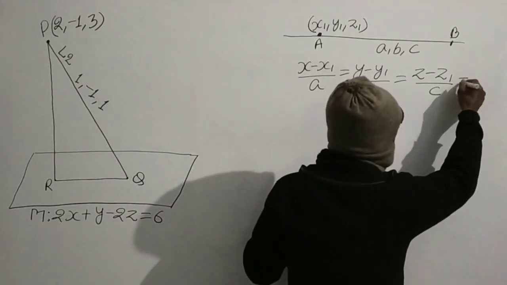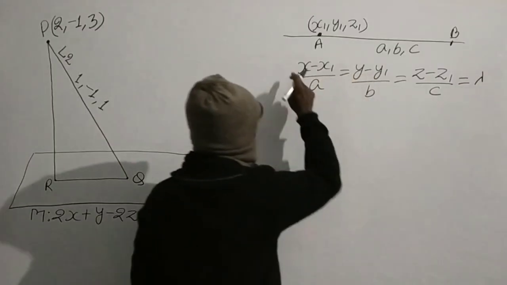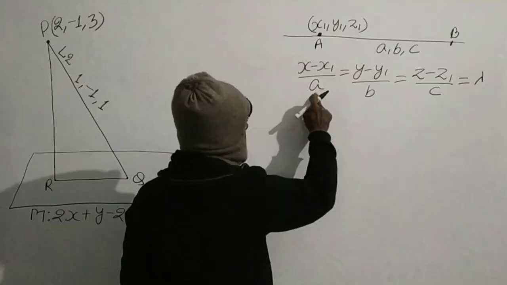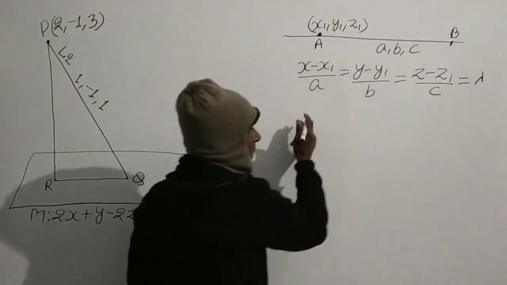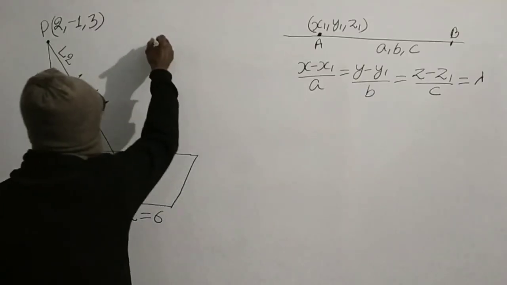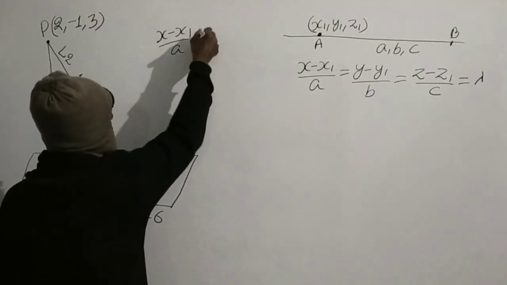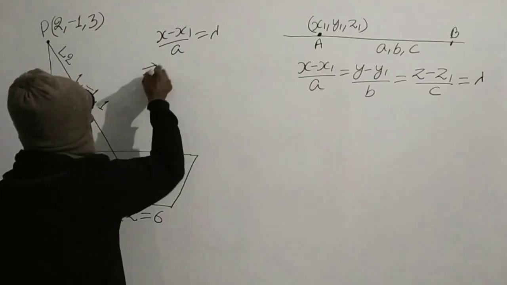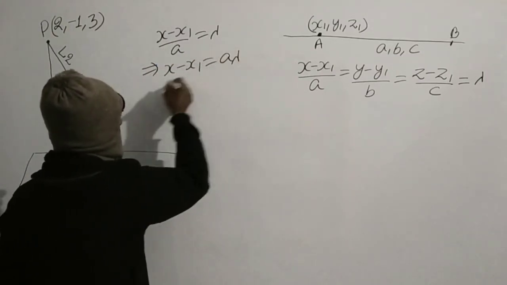We suppose each of these ratio is equal to lambda, then (x minus x1) by a is equal to lambda, implies x minus x1 is equal to a lambda.